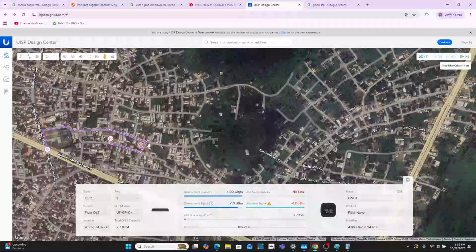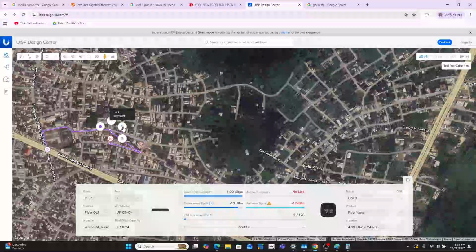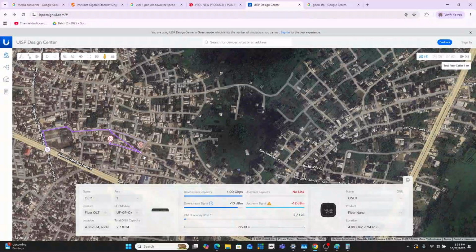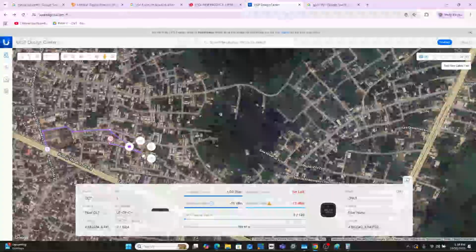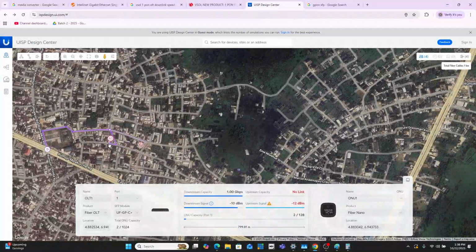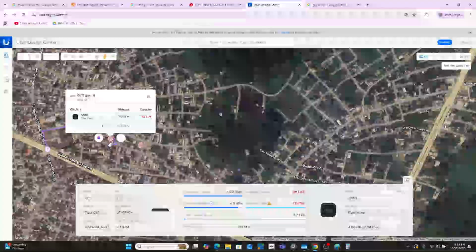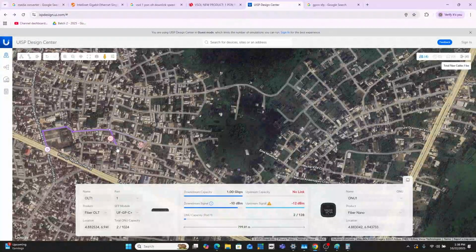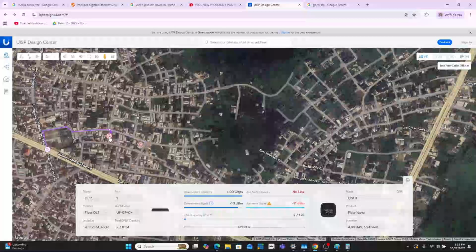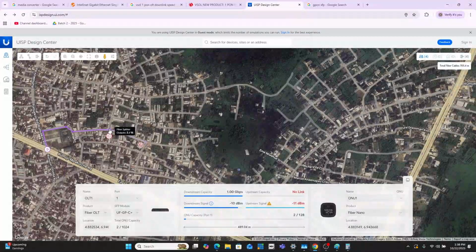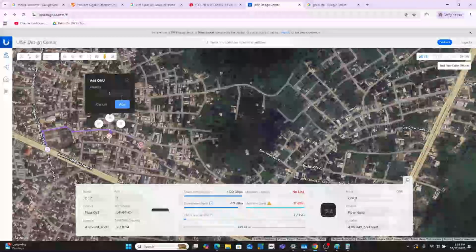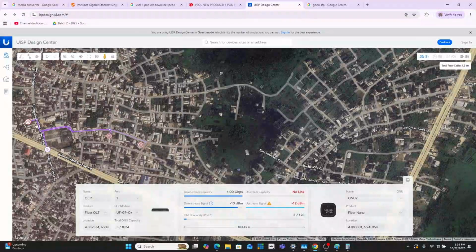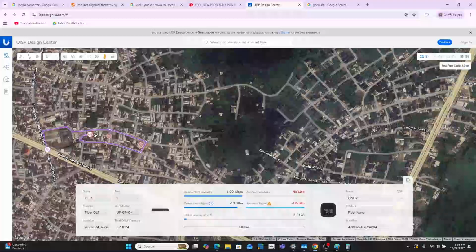Drag his waypoint. Just come down here. And when you drag it there, you lock the position. I'll delete these other ones. Okay. Then you can just come again, add another ONU. That one will be somewhere here.